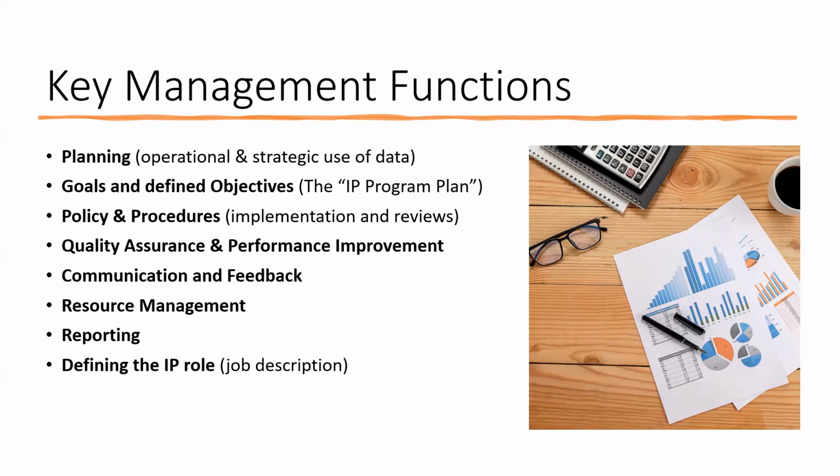So that job description is part of that management function as a reference point for the IP to review periodically, just to manage the scope of the responsibilities within the workflow, or even to update new responsibilities that may be implemented within that workflow.